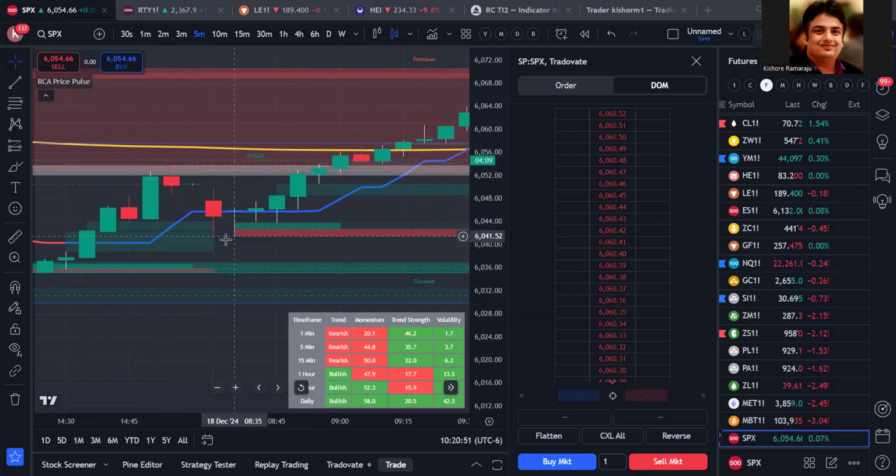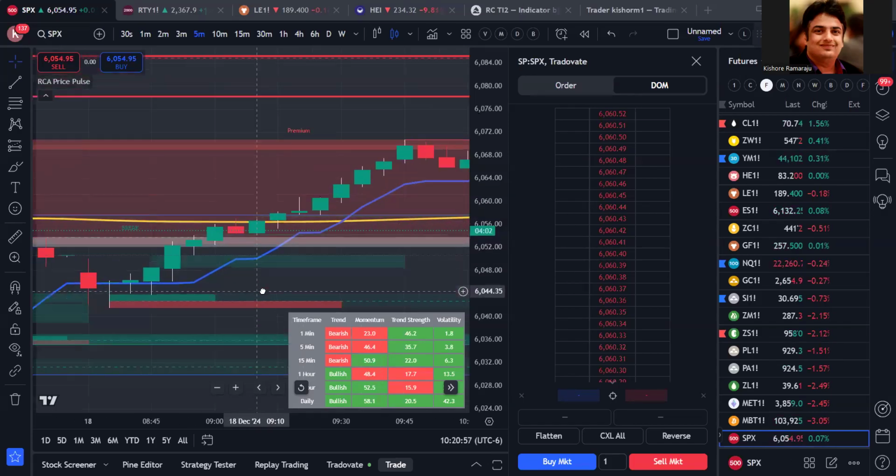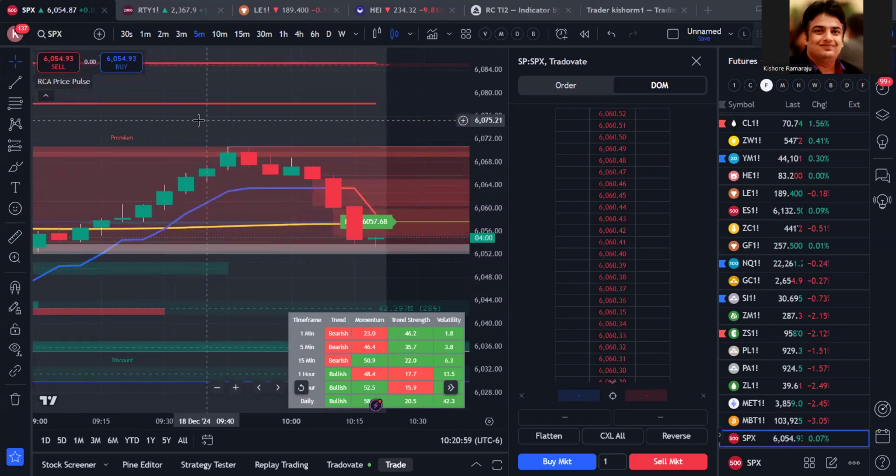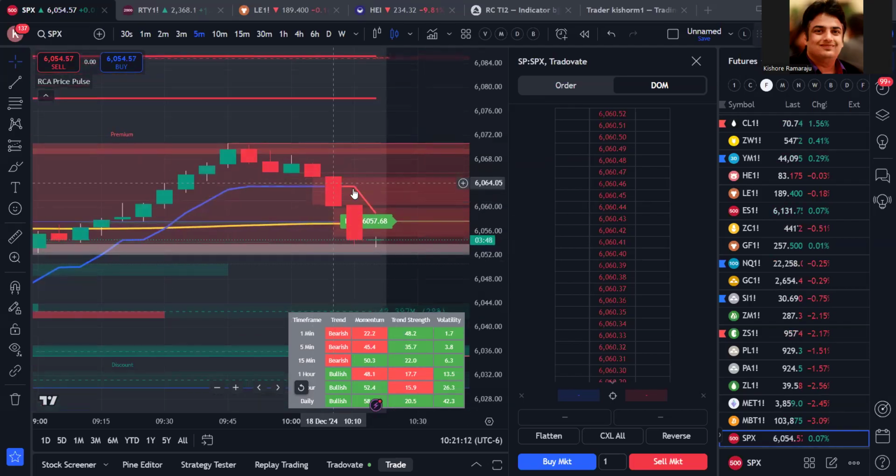Or you can just wait for a retest. It will come, it will go up, touch the blue line one more time and then start going up. So here also sometimes it will do a double top and then drop, or sometimes it may directly drop. So whenever this blue line turns red, that is when we can enter short.